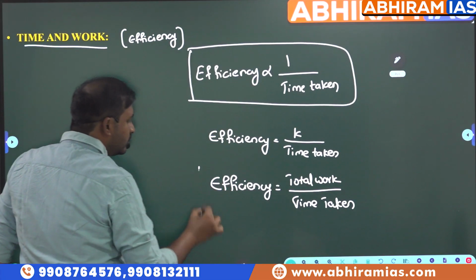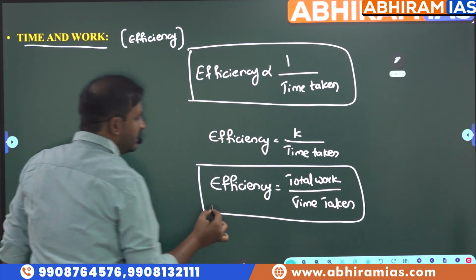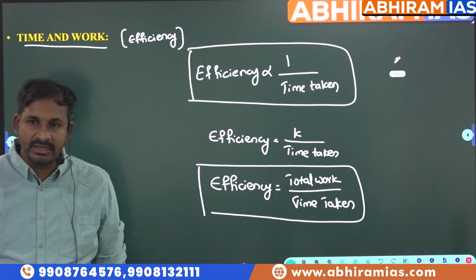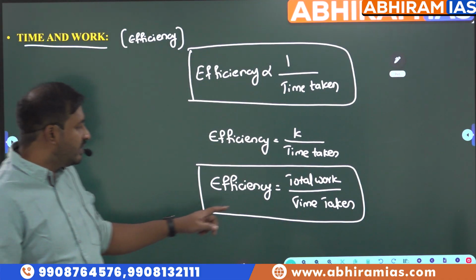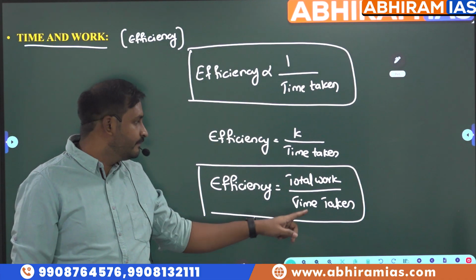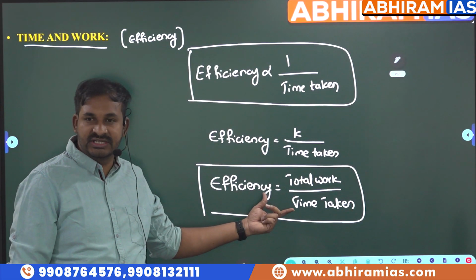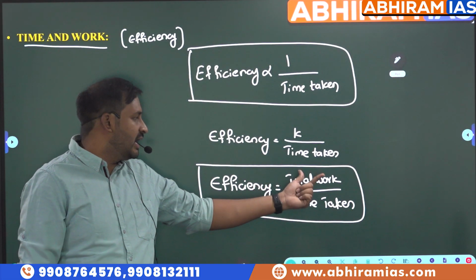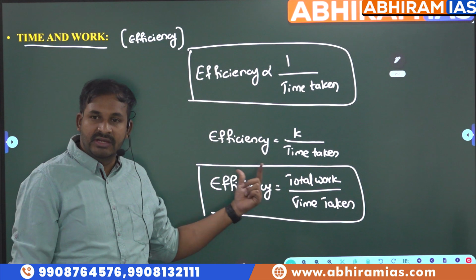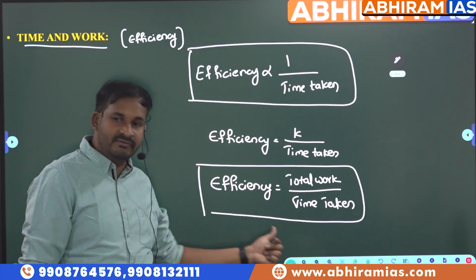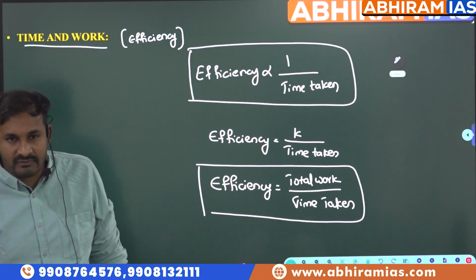Now if I want time taken, I will do total work by efficiency. These 2 components will change, students. If I want efficiency, I divide total work by the time taken. If I want time taken, I divide total work by efficiency.